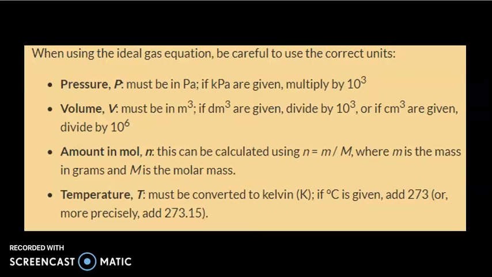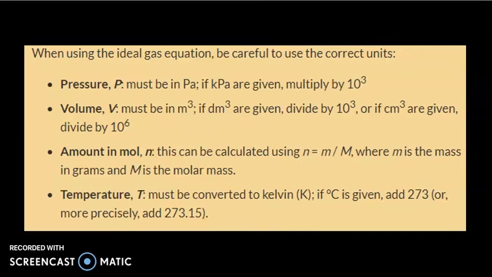So the hardest aspect of this formula is changing to the correct unit. Remember, pressure must always be in Pascal. Sometimes it's given to you as kilopascal, but change it to Pascal. And volume must be in meter cube. So if it's given to you in dm³, divide by 10 to the power 3 or by 1000, or if it's given in cm³, divide by 1 million or 10 to the power 6.